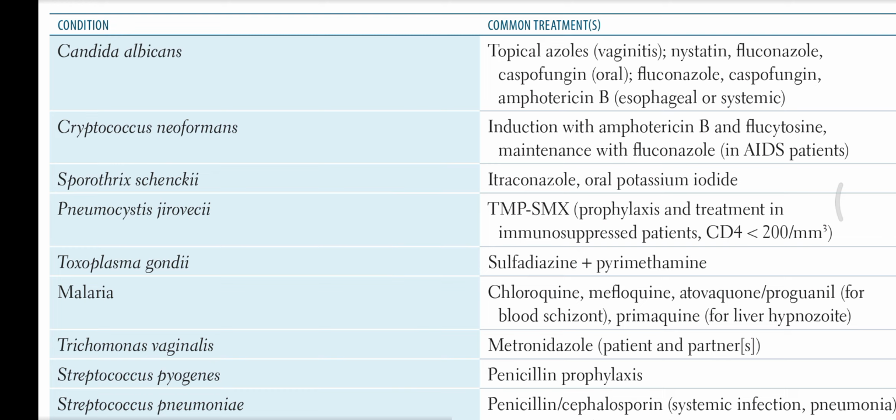Toxoplasma gondii. The treatment is sulfadiazine with pyrimethamine.